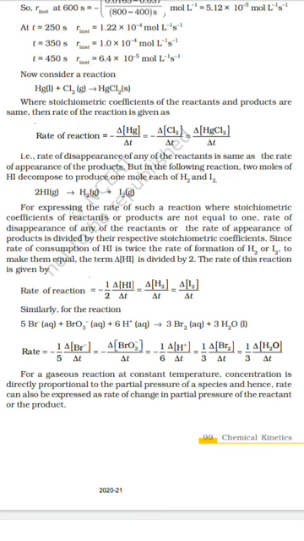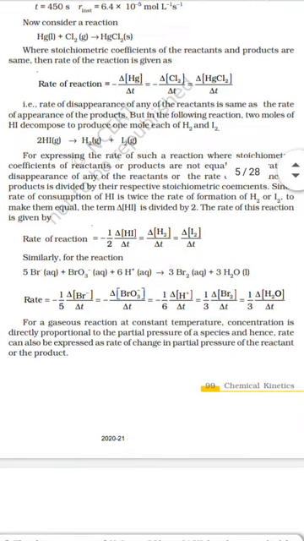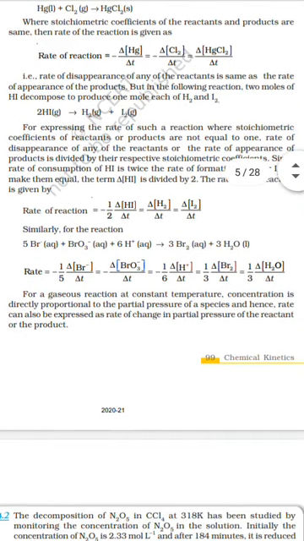Since the rate of consumption of HI is twice the rate of formation of I2 or H2, to make them equal, the term delta [HI] is divided by 2. The rate of this reaction is given by rate equals negative 1 by 2 delta [HI] by delta t equals delta [H2] by delta t equals delta [I2] by delta t.